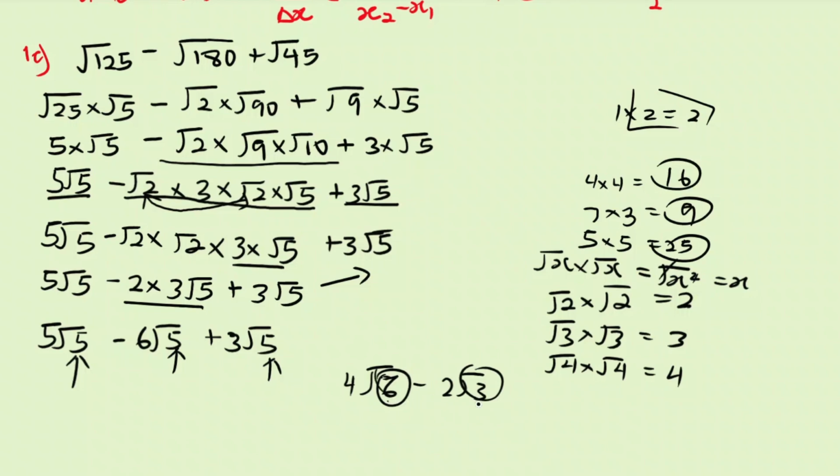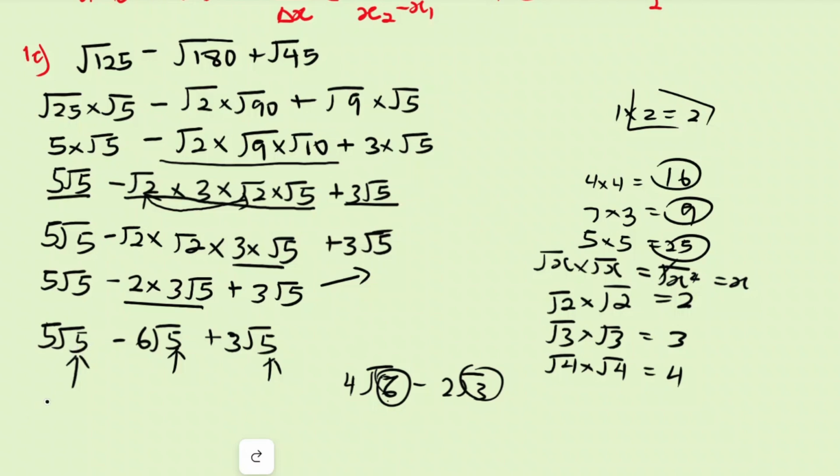No, because the radicals are not the same. But here we are fortunate, they are the same. So what am I going to do? I'm going to add or subtract the coefficients. These are the coefficients. So I'm going to add or subtract the coefficients, and then I'll just take one of the surds.